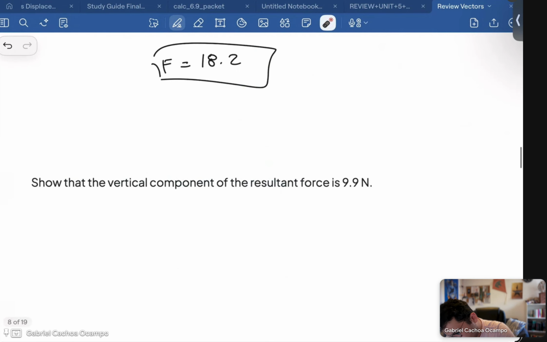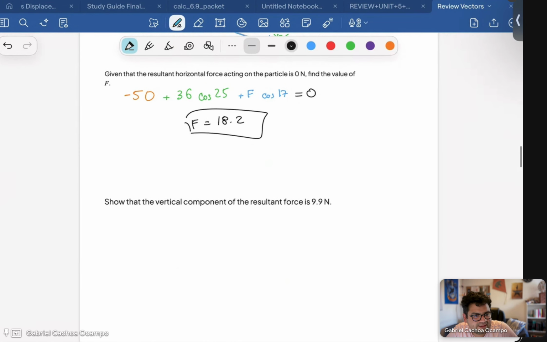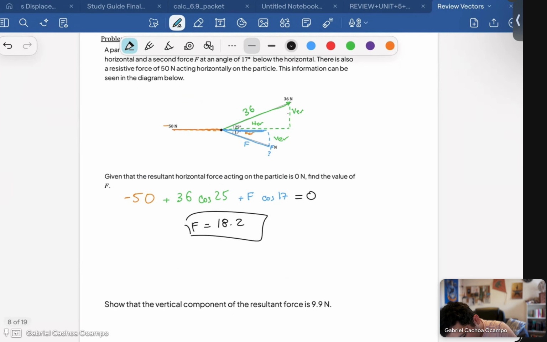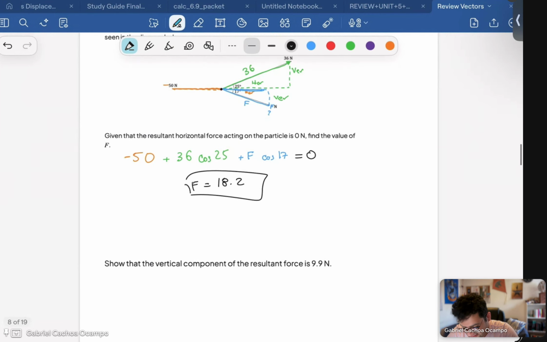So, to find the opposite side, I need to use, instead of cosine, sine. So that is 36 sine of 25, plus, minus, because this one is going into the opposite direction.